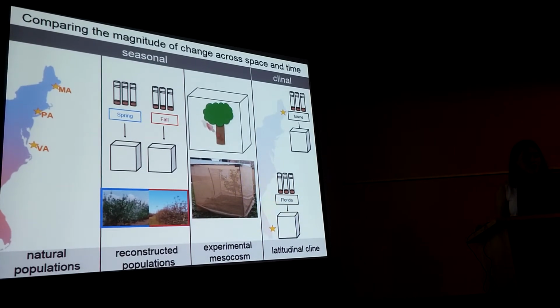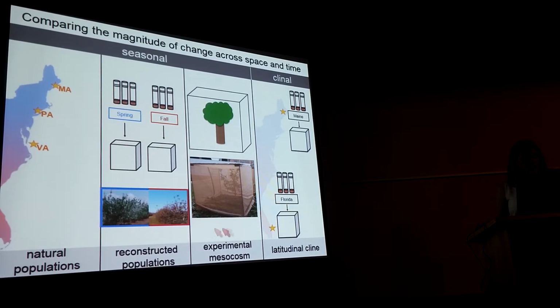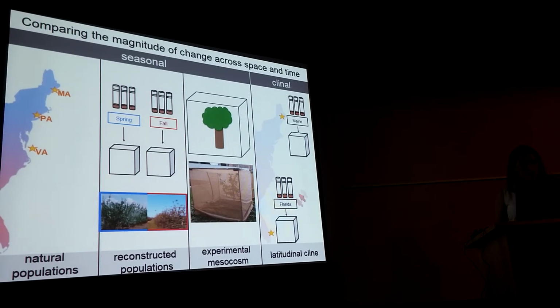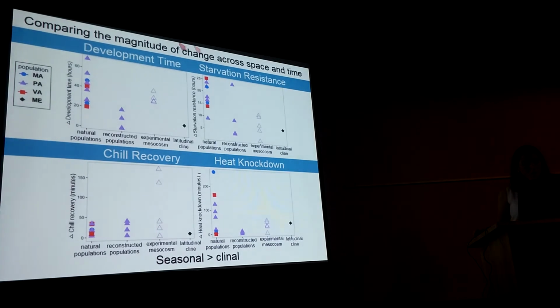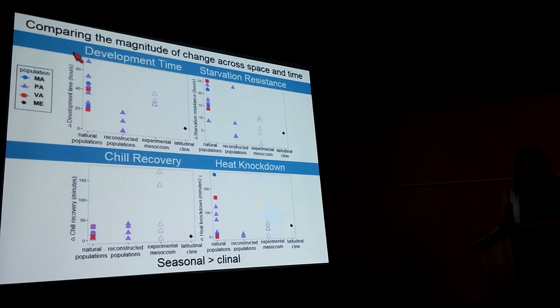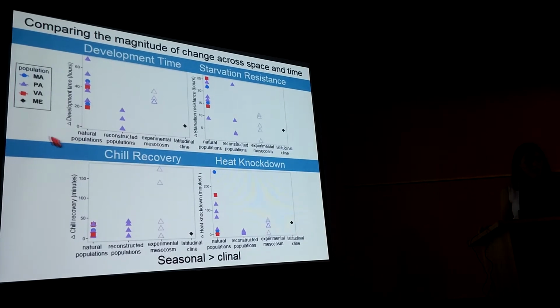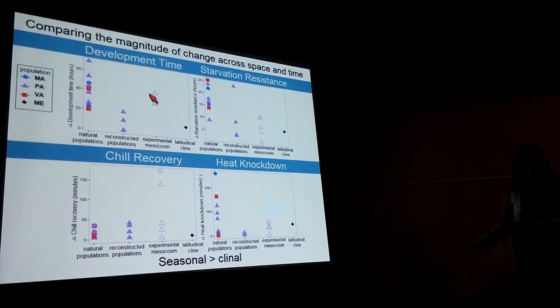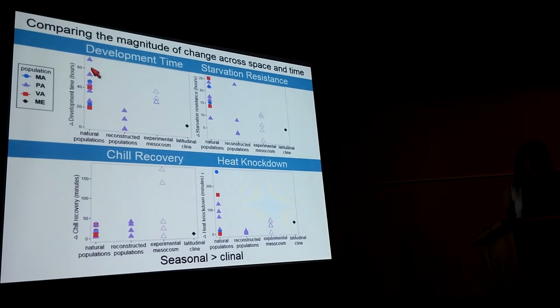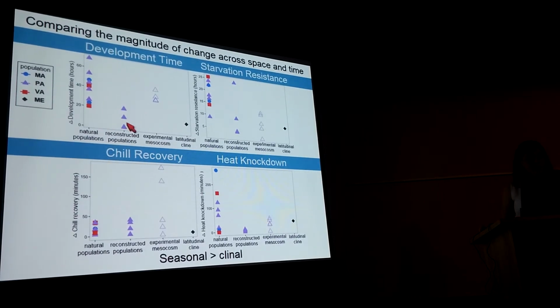So I'm going to compare the magnitude of change for all these seasonal measurements to what we see from Maine to Florida. And so that's what's shown here, the magnitude of change for the different traits is on the y-axis. We can see that for all of the traits in the natural populations, there's a wide variation in change, but overall it's very high.